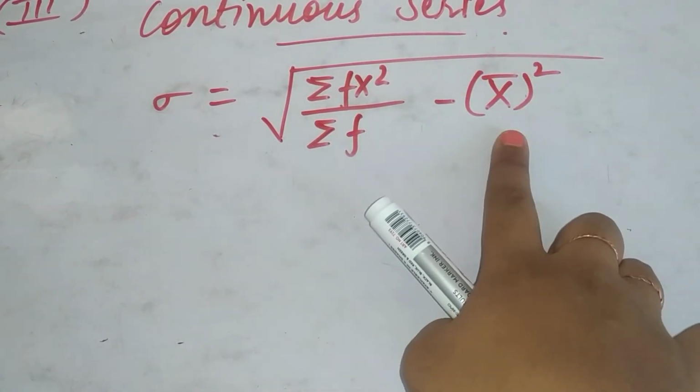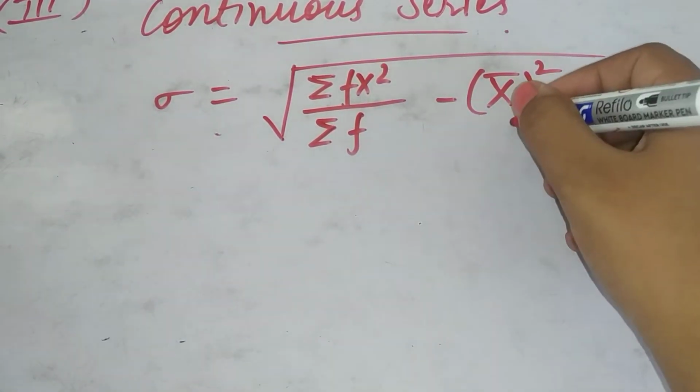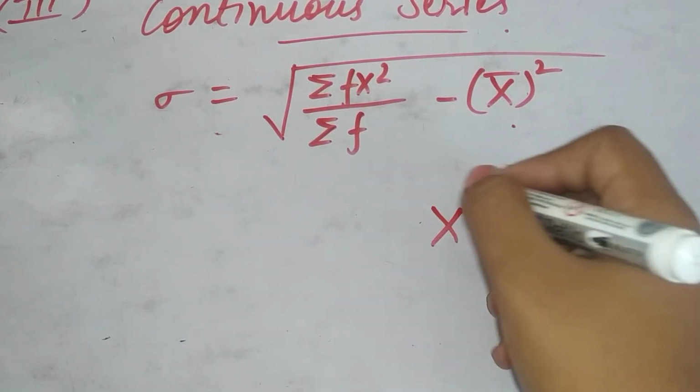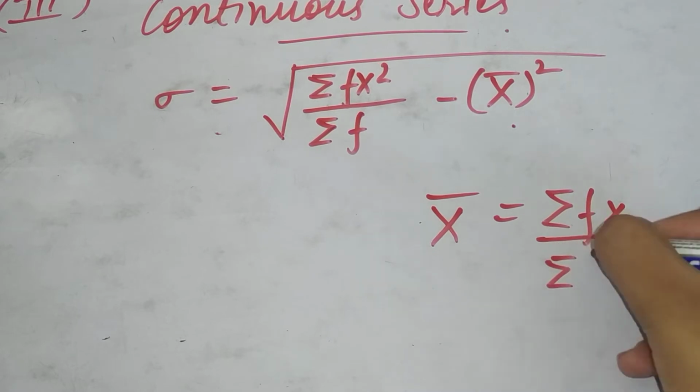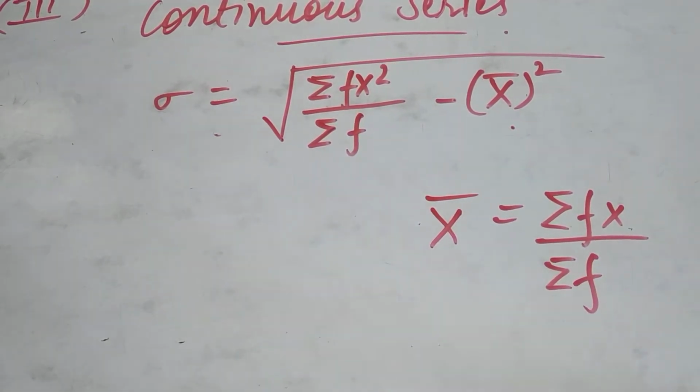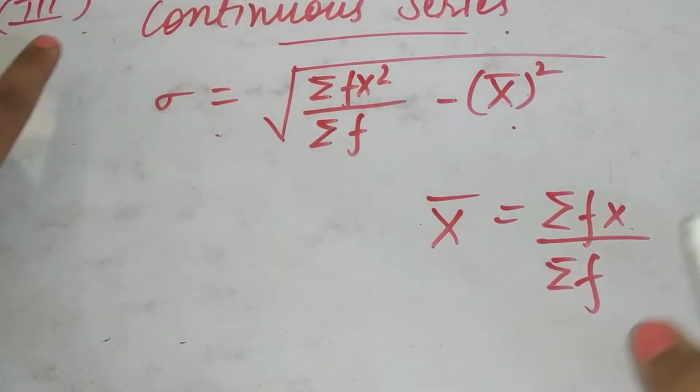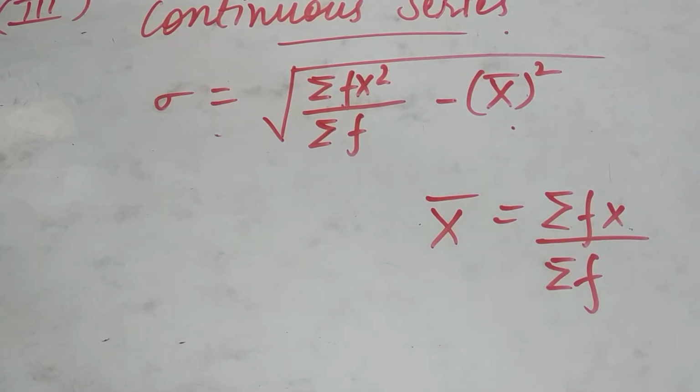This mean is calculated as summation fx over summation f. As you know, in the case of continuous series, class interval or grouped data is given. So we will calculate the value of x firstly using the mid values formula and then proceed with the whole question.